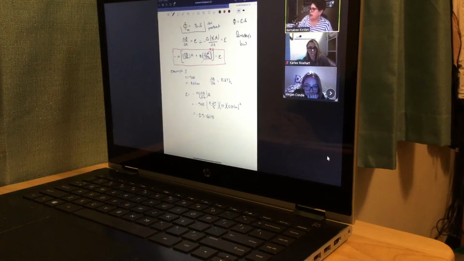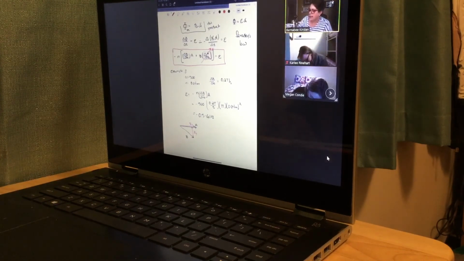Let's see, if this is my area and this is the B field, that B field can be broken up into components. I need that B_x component. It's adjacent to my angle, so that's going to be B cosine of that angle.